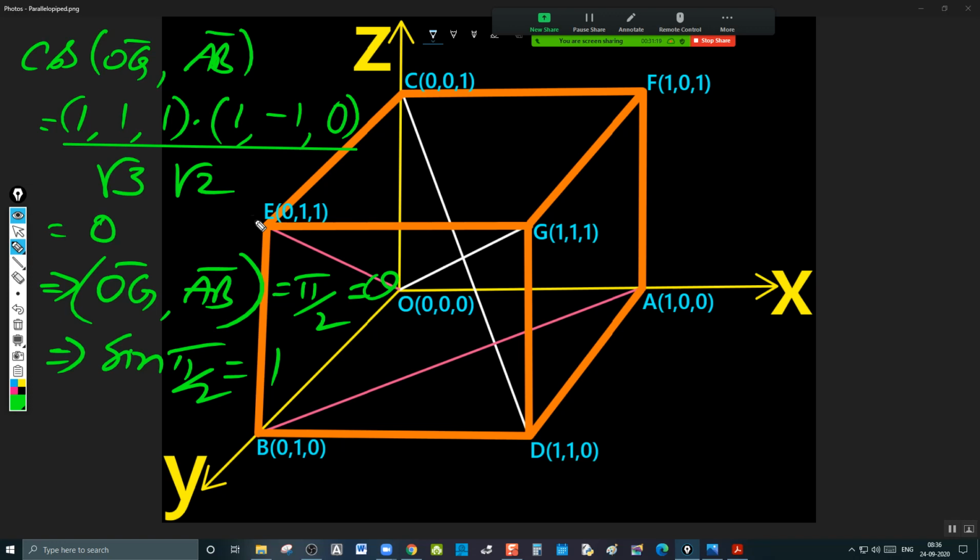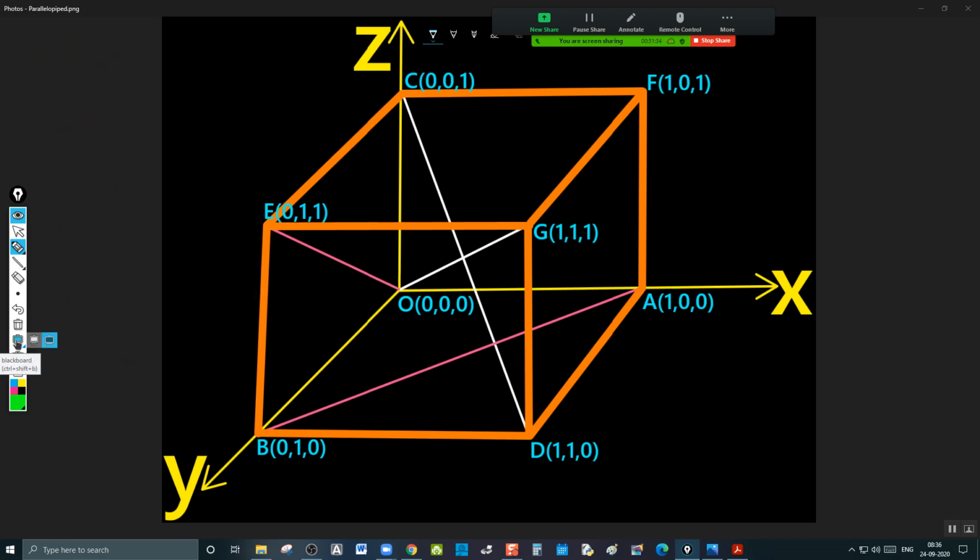So your option becomes 1 in that case. Okay, let's move on to the next part of it. It is simple. The entire question is based on the cube and the angles between the diagonals only. Okay, so let us go through the next part of it.